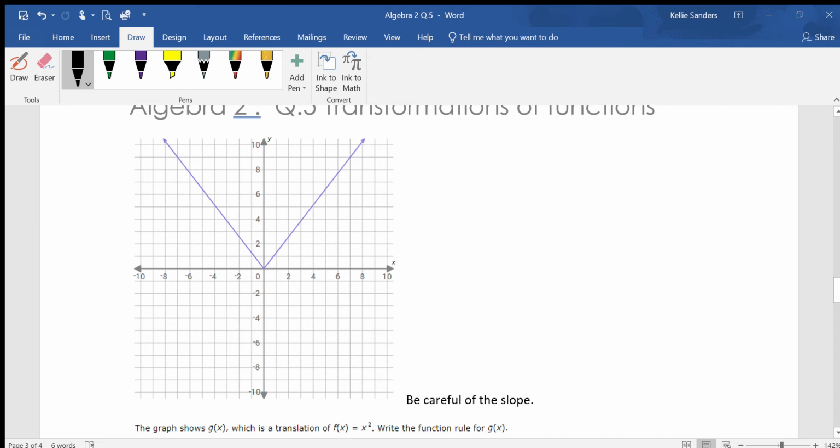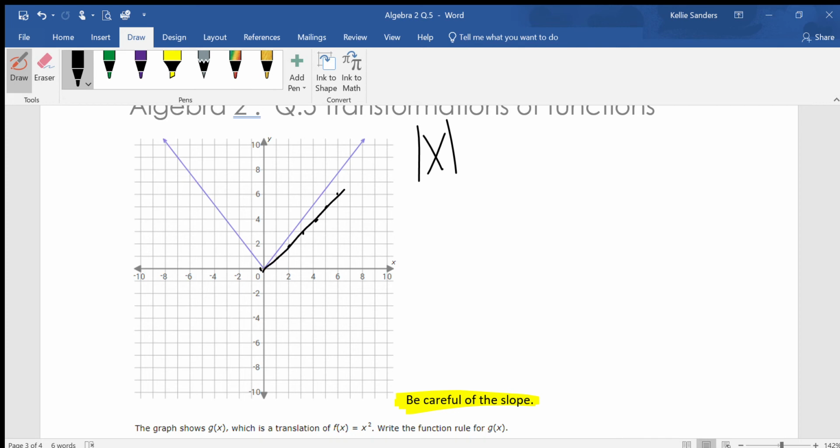Okay, on this one, I kind of gave myself a little reminder because I got it wrong whenever I was actually doing the work. And so this is an absolute value graph. But what happens, and I haven't stressed this at all, but at the beginning, when we're talking about graphs, not the beginning of Q5, but like the beginning of Q2 or something, I said on a normal absolute value, we'd go up 1 and over 1.